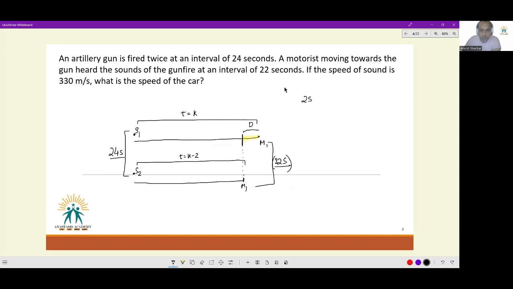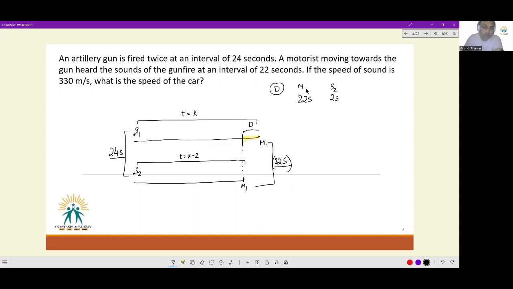Let's call this distance D. For distance D, the motorist takes 22 seconds. But if the motorist had continued to remain at his original position, he would have heard the sound after 24 seconds, which means sound would have covered this distance in 2 seconds, while the motorist has taken 22 seconds to cover this distance.